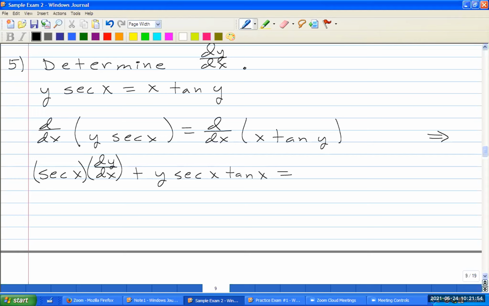Again, I'm going to use the product rule. And so the derivative of the first, 1 times the second, plus the first, x, times the derivative of the second. Derivative of tangent is secant squared. And so derivative of tangent y is secant squared y times, well, the derivative of what's inside, dy dx.